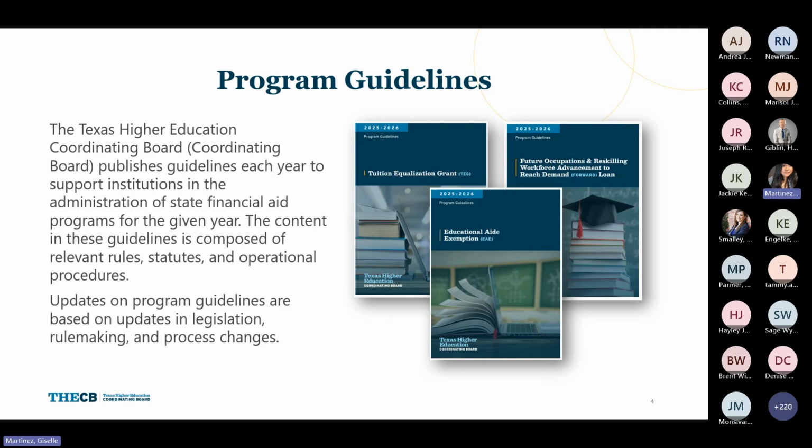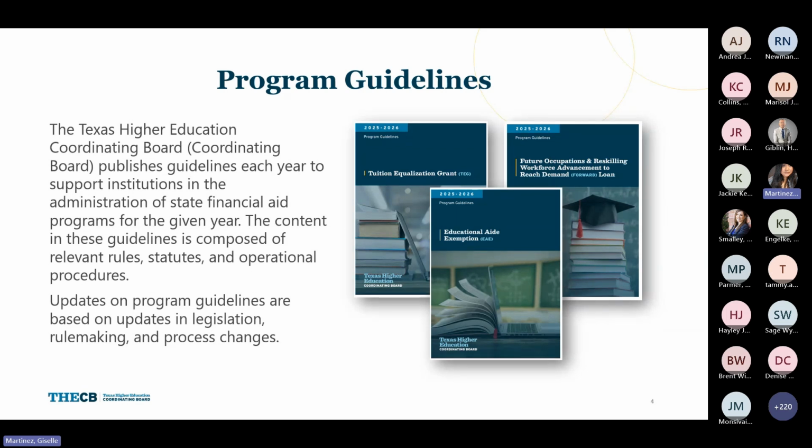The content in these guidelines is composed of relevant statutes, or what people refer to as laws, various rules, and operational procedures. Now, before we go through the various guideline updates that have been made for this year, let's talk about what tends to drive these changes to the guidelines. One of the biggest contributors to these changes is legislation, including new laws, changes to existing laws, or the elimination of a law. That's also called a repeal.